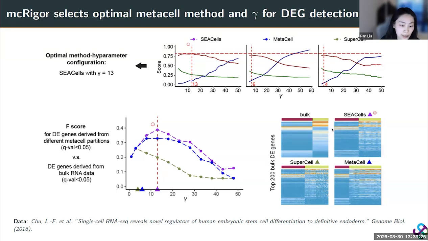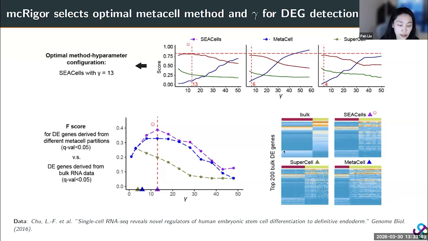Also, if we visualize the expression of the top bulk DE genes under different metacell partitions, like in this heat map, with rows as genes and columns as cells, we can see that the one given by SEACells with gamma equal to 13 gives us the expression pattern most similar to the bulk pattern.